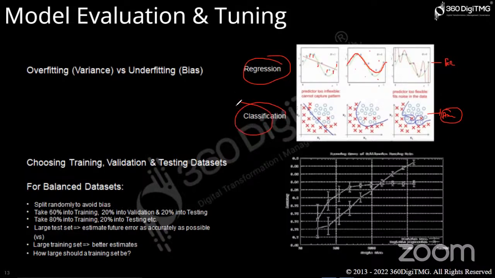Even in case of test data, there might be some issue, so we may have the overfitting condition here also.